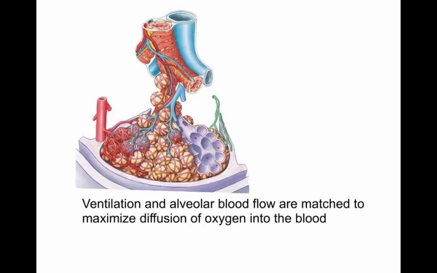This close physical proximity of the alveolar air and the blood allows for the tight matching of ventilation and alveolar blood flow. This is to maximize oxygen diffusion into the blood and also to regulate plasma pH, which is strongly influenced by the amount of CO2 in the blood. When you're sitting at rest, you're not using all of your pulmonary capacity, just like you're not using all of your possible cardiac output.